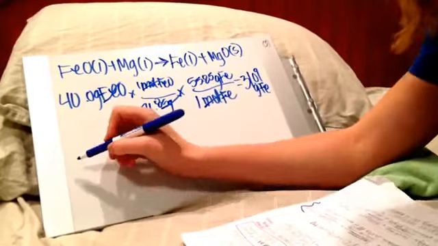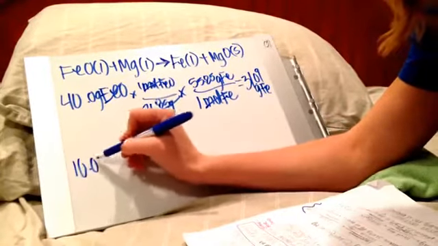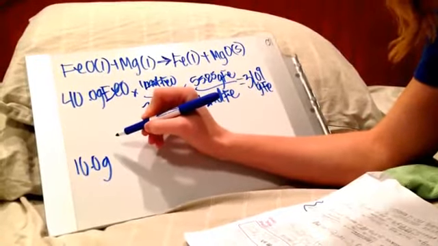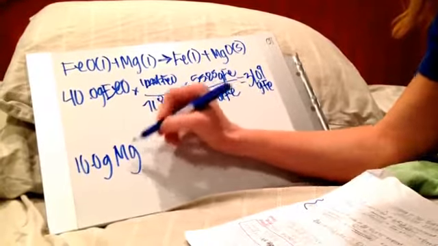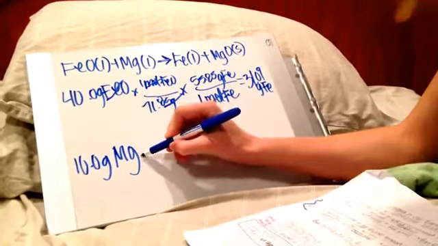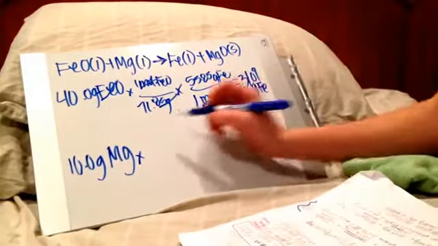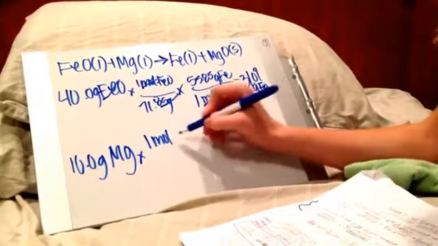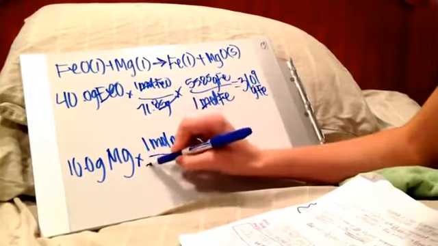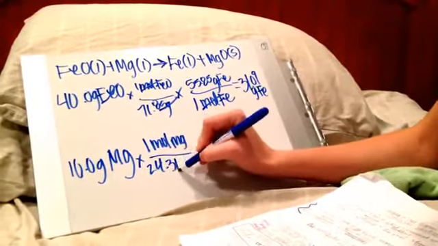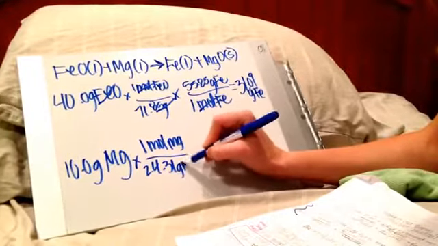And so that's what you'll get if you use iron oxide. And then the second equation is going to be 10.0 grams, let's see, magnesium. And then basically we'll do the same thing but with magnesium. So it's going to be 1 mole of magnesium over the molar mass, which is just 24.31 grams of magnesium.